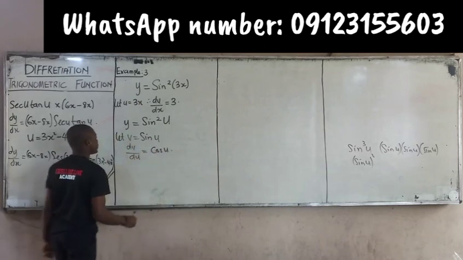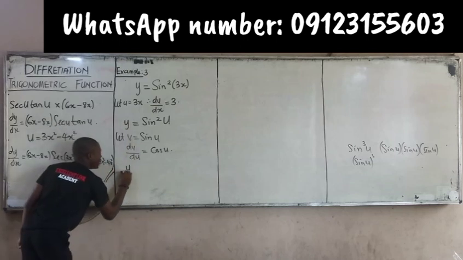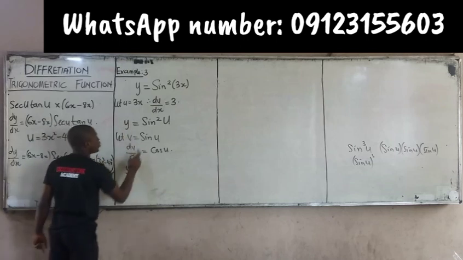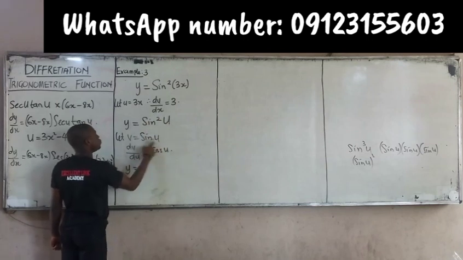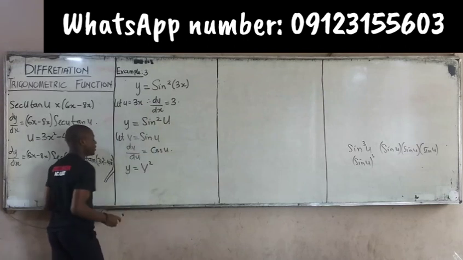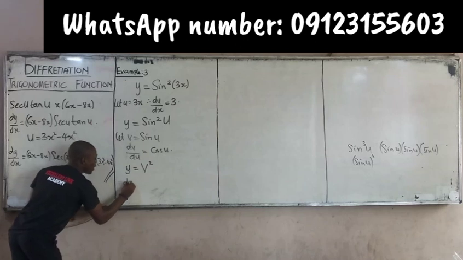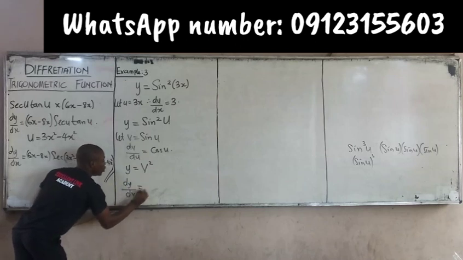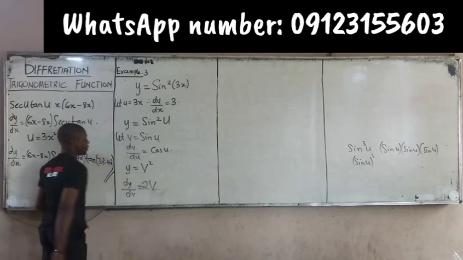Then y is equal to sine squared u, but with sine u being v, that becomes v all squared. So taking y with respect to v, dy/dv is equal to 2v as my answer here.